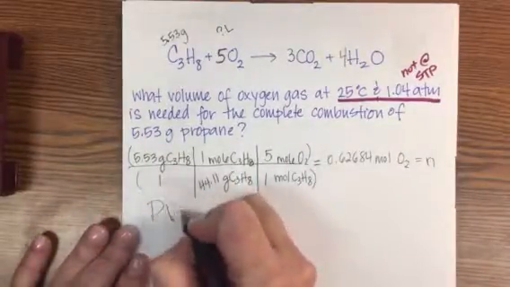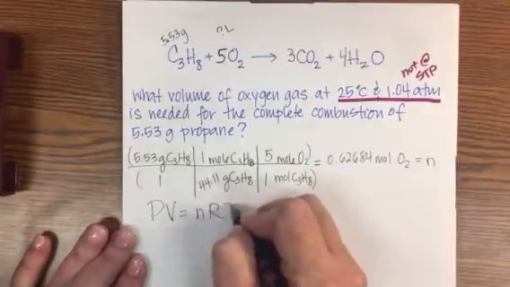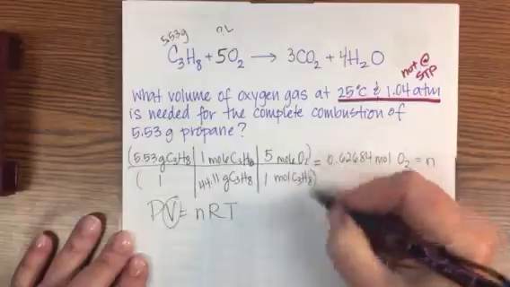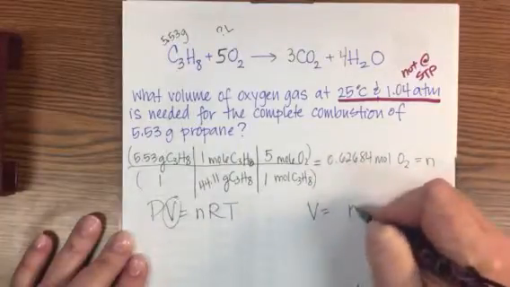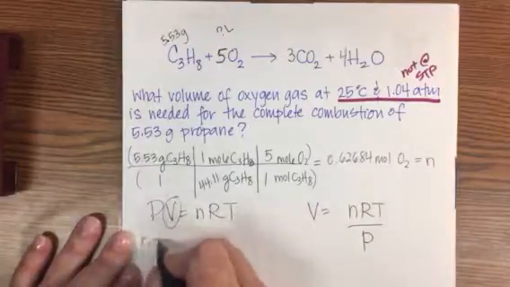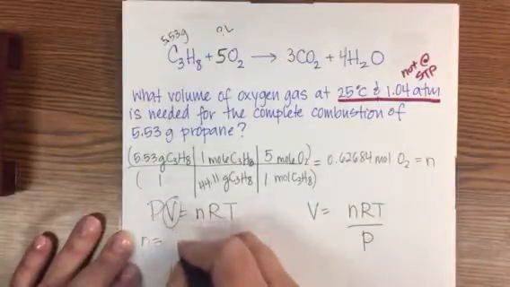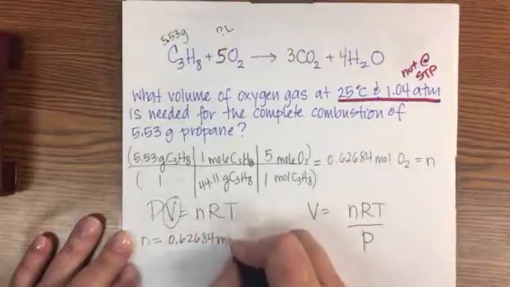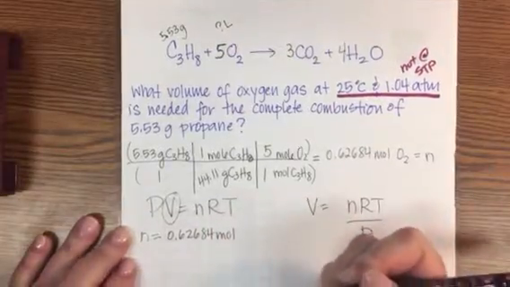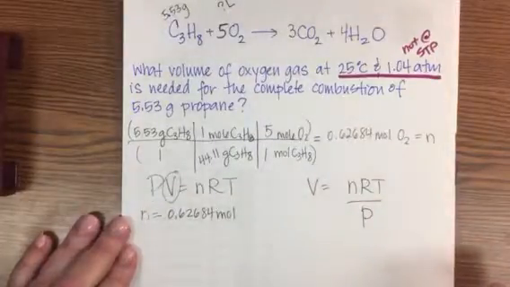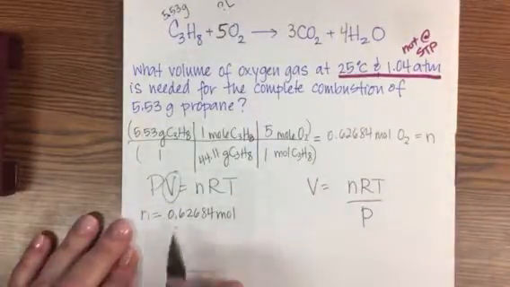So PV equals nRT, and we're going to solve for V. So that means that V equals nRT over P. So we have our n, and that is 0.62684. And yes, I did use a few more digits so that we wouldn't cut off our sig figs at the end.